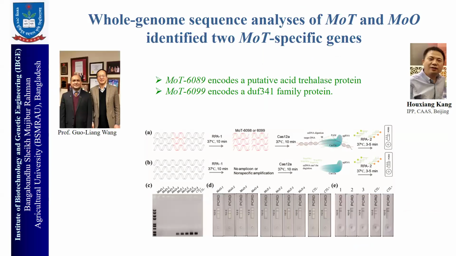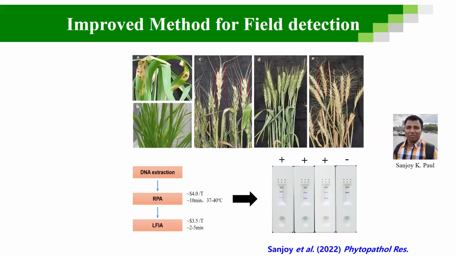But in collaboration with Hao Jiang and Guliang Wang, by using the CRISPR method, this type of strip you have seen in our lab is being developed. So in that case, the guide RNA and Cas12 enzyme target this nucleic acid fragment in the MOT, and then it develops two bands or a single band.